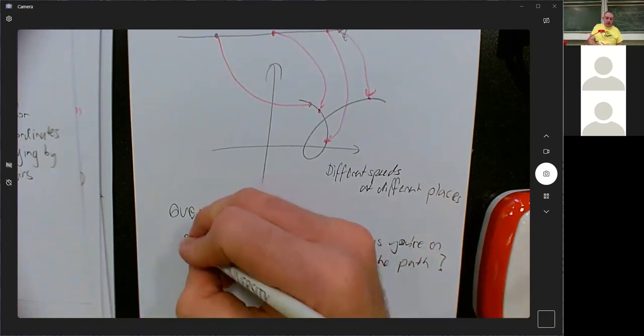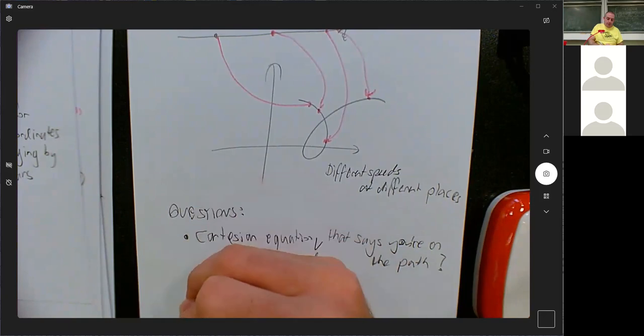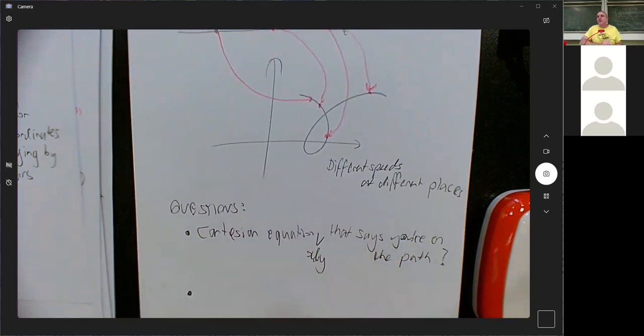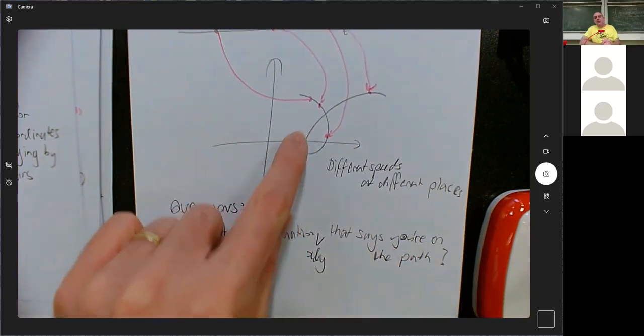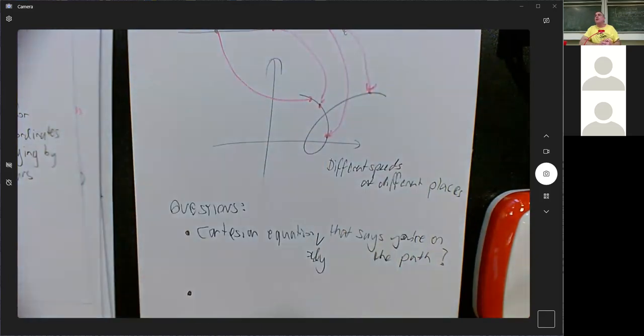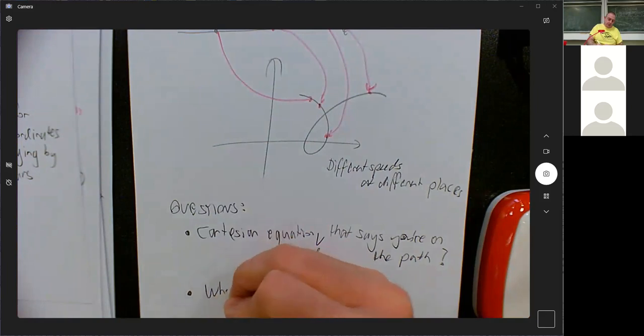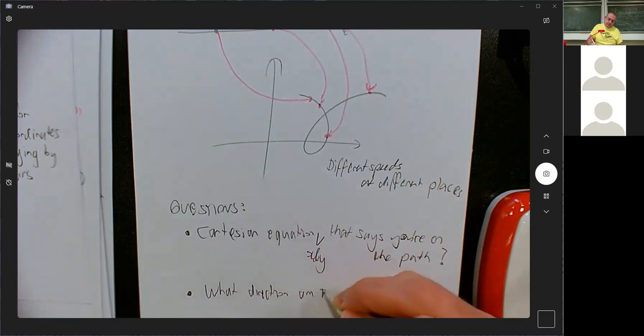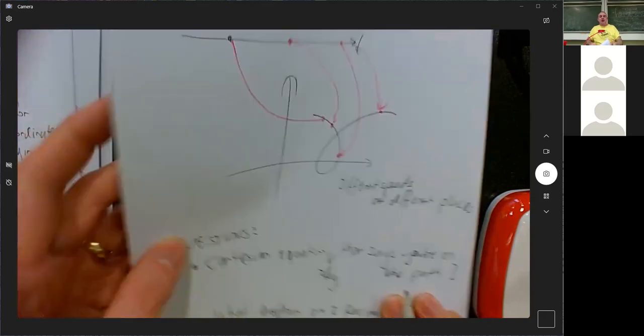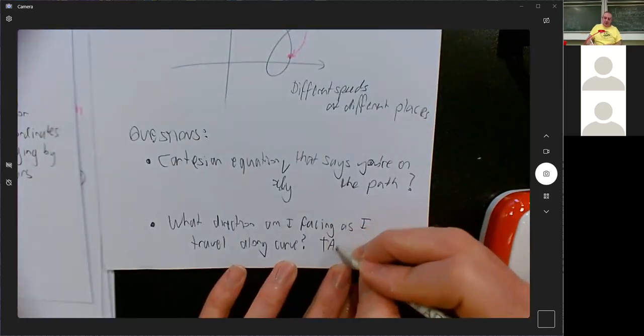And the other question you can ask is, what direction am I facing at any point as I travel along the curve? That's the tangent thing, which is the same as asking, where is the tangent?